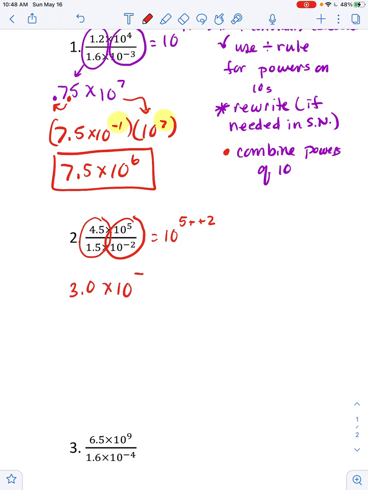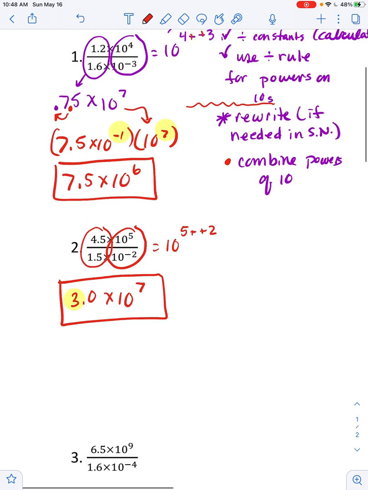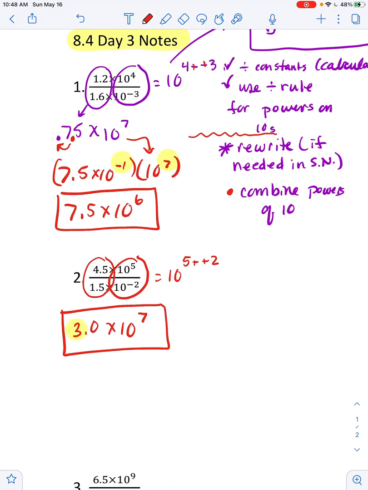So I get times 10 to the 7. And this one's awesome, because my 3 has just one digit to the left between 1 and 10. So I'm finished. So a lot of times I don't need to go from this part on down. Sometimes I can just do the top 2 steps.